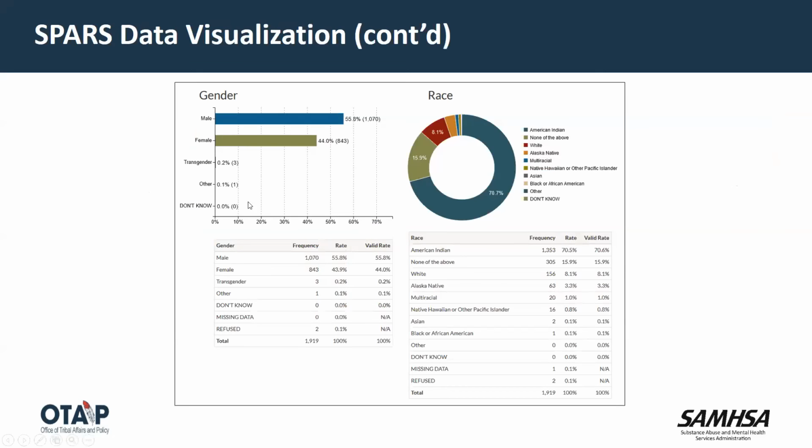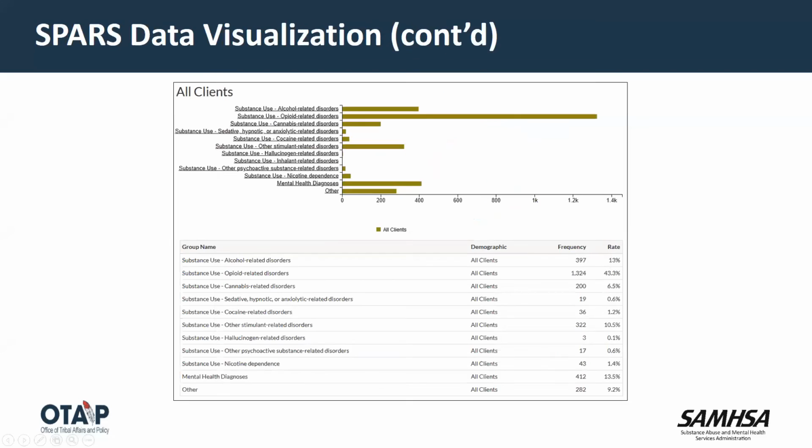You can create graphs using demographic data that's been collected on the Gipra. It will generate these automatically based on the Gipra client data that you've collected and entered. So you have a bar chart or this pie chart, and then some tables to go along with it on demographic data.